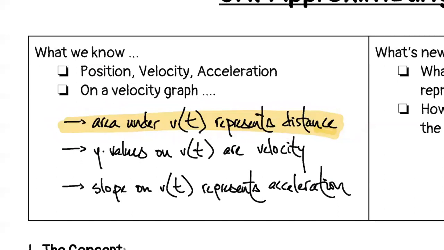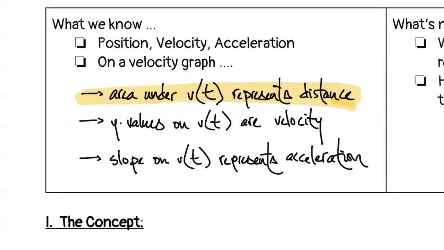And so when we think about the relationship between velocity and acceleration, how do I get from the velocity graph to acceleration? What calculus notation or idea might I use there?